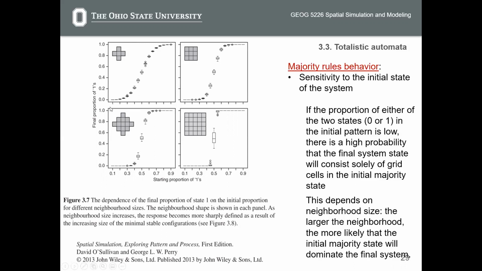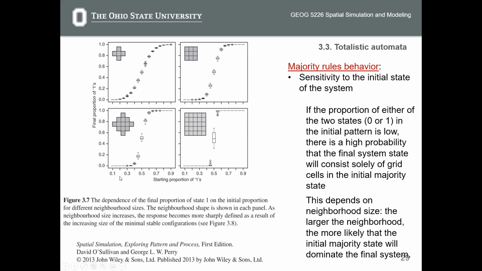If at the very beginning the proportion of ones is pretty low, is 0.1, at the end the proportion of 1 is 0.0. It means that there will be no 1 in your final state of the whole system. It means that at the very beginning, 1 is minority. In the end, there is no 1.